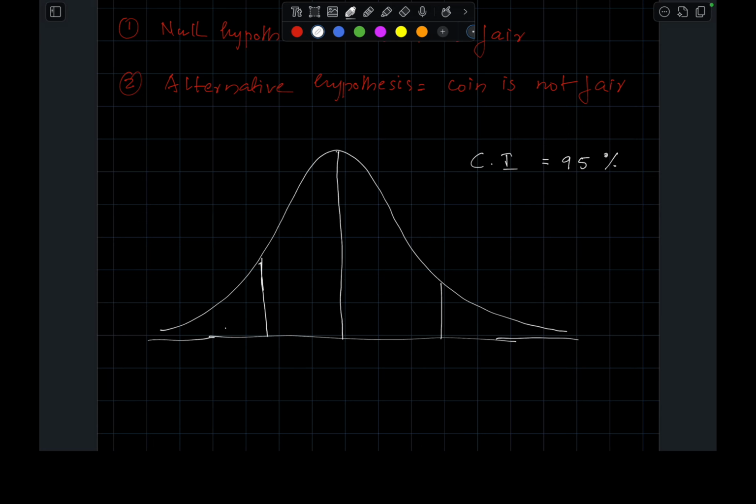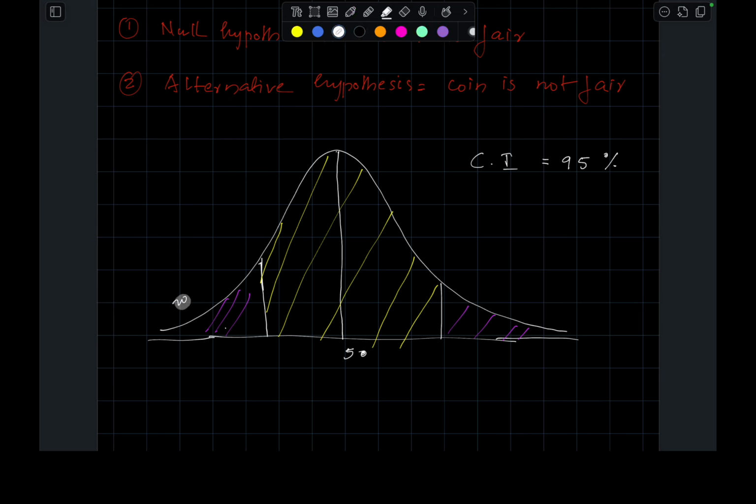So fair means that in most of the cases I should be getting the value 0.5, like the probability value should be 0.5, 0.5, right? And as I said, I considered this particular area within that 95 percent confidence, and these two areas are my rejection areas, where I reject the fact that the coin is fair.